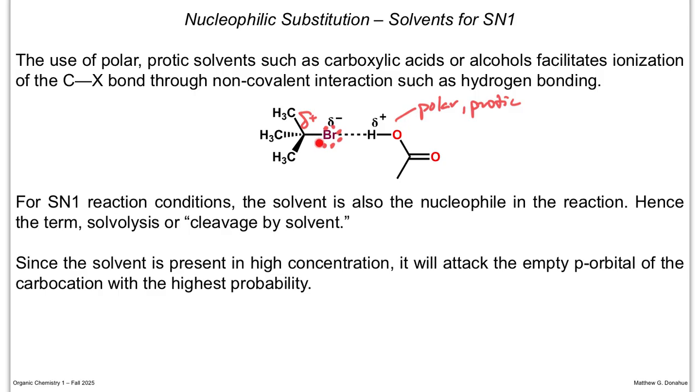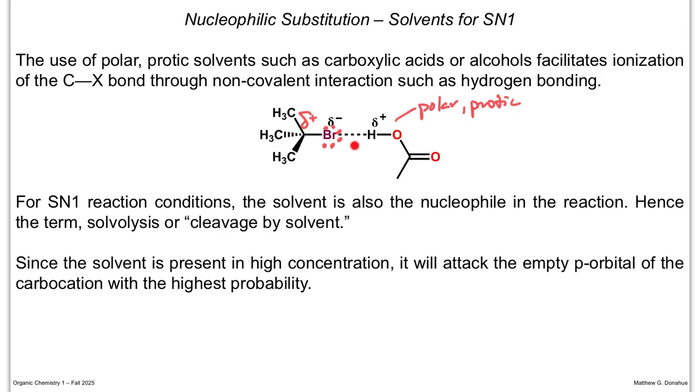Generally speaking, they're polar covalent bonds to begin with, where we can assign this delta minus, delta plus, based on the difference in electronegativity. What the protic nature of the solvent does, so in general, we're just thinking about things with OH, is that there's an electrostatic attraction between that hydrogen, which is delta plus, and the leaving group, which is delta minus. So you can think of that as like a hydrogen bonding interaction.